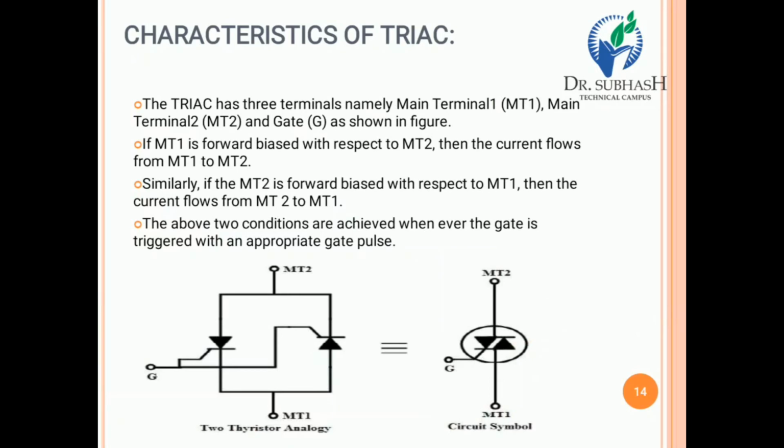The above two conditions are achieved whenever the gate is triggered with an appropriate gate pulse, right? In this figure, we have to connect the two thyristor analogies, and that is the equivalent symbol of the two thyristor analogy.